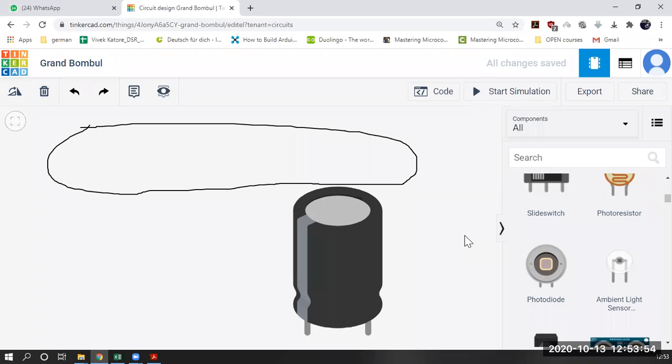But can you tell me another name, if you remember from our discussion? Okay, so it's called an electrolytic capacitor.